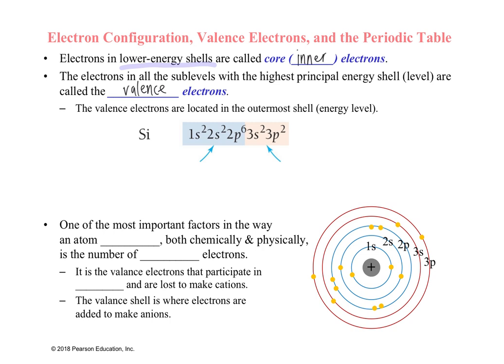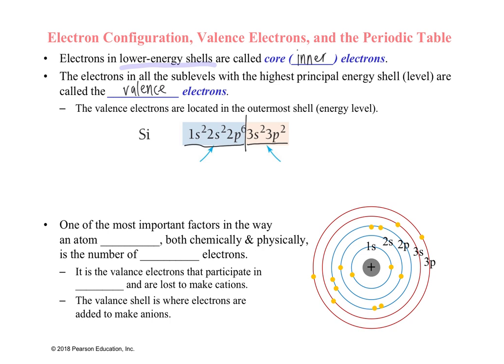So for example, for silicon, we see that the electron configuration is 1s2, 2s2, 2p6, 3s2, 3p2. What you want to do is go to the last 2p6, right? That's where you end a row on the periodic table.